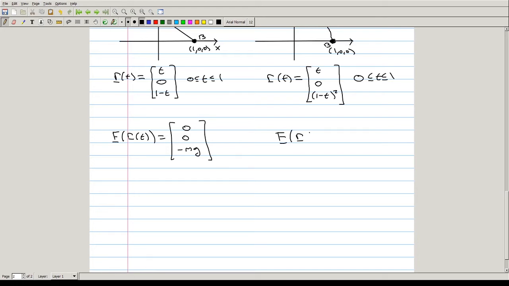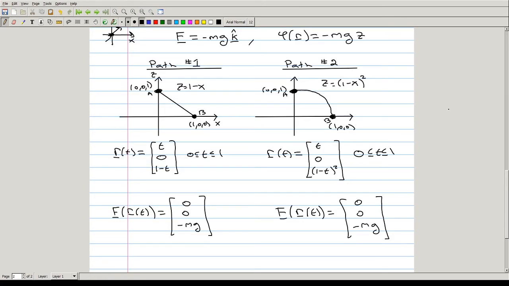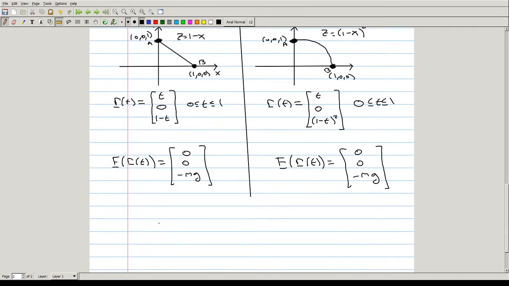F at r of t is equal to 0, 0, negative mg. Note that in general, F is a function of position. It's a vector field, so it could be much more complicated. It's just going to involve plugging in the parameterization of the curve into the function itself. That's what this F of r of t is saying.